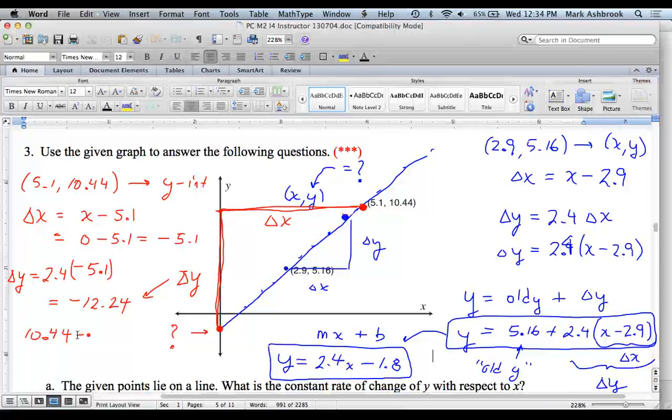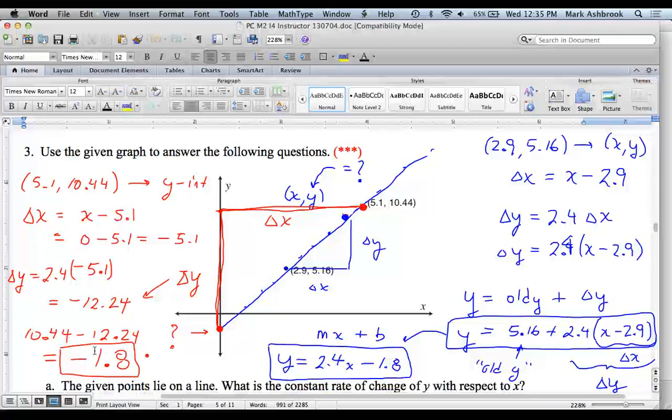Which is? And we're thinking and saying that's going to be? There it is, right? It worked. New value of y, negative 1.8, and that's what we got when we did the equation of the line, too.